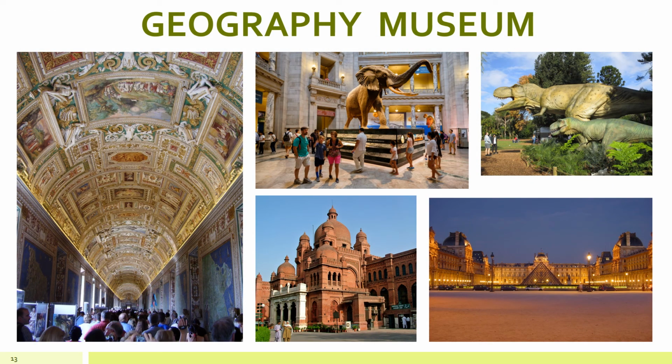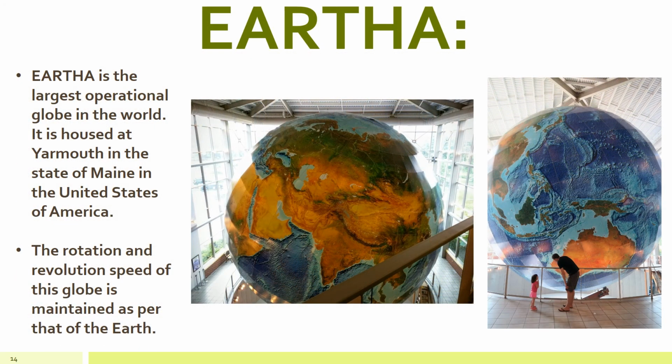Geography Museum. A Geography Museum is a building in which objects of geography are stored and exhibited. Eartha. Eartha is the largest operational globe in the world. It is housed at Yarmouth in the state of Maine in the United States of America.